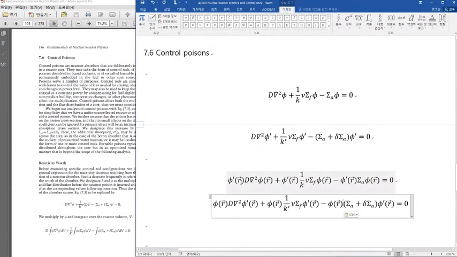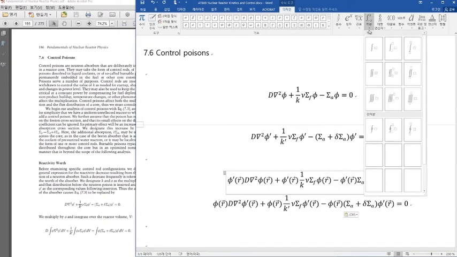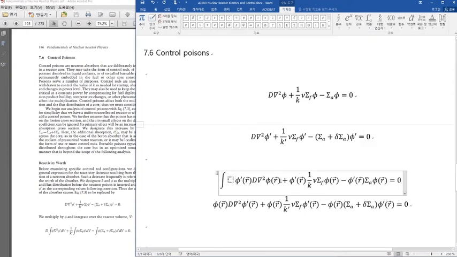So if these equations are satisfied, then after integrating over all volume, the equation will also be satisfied.